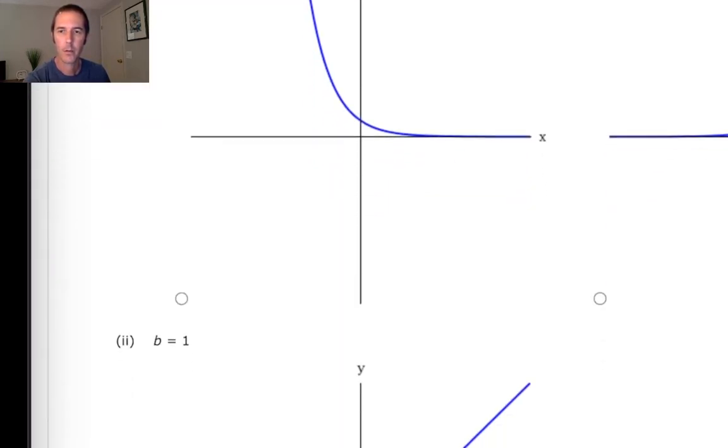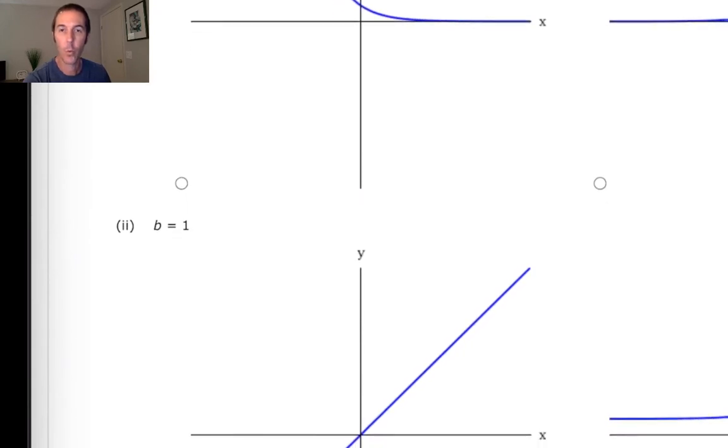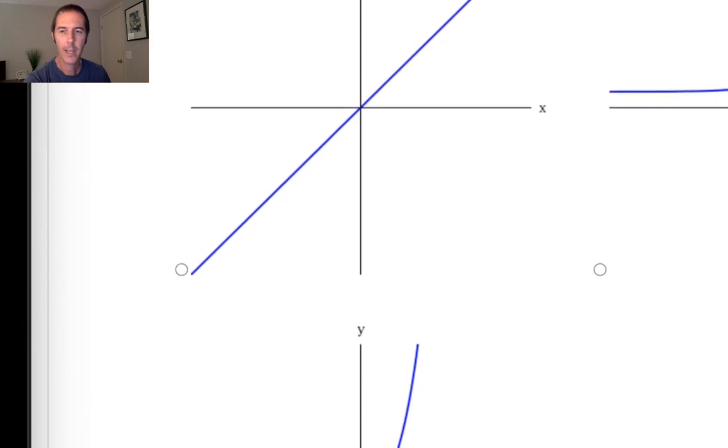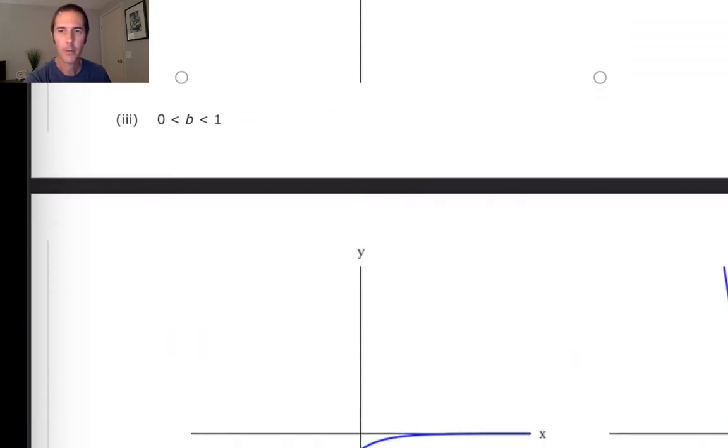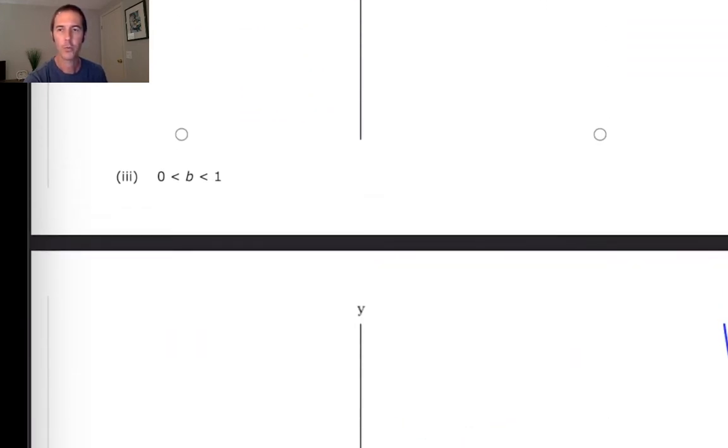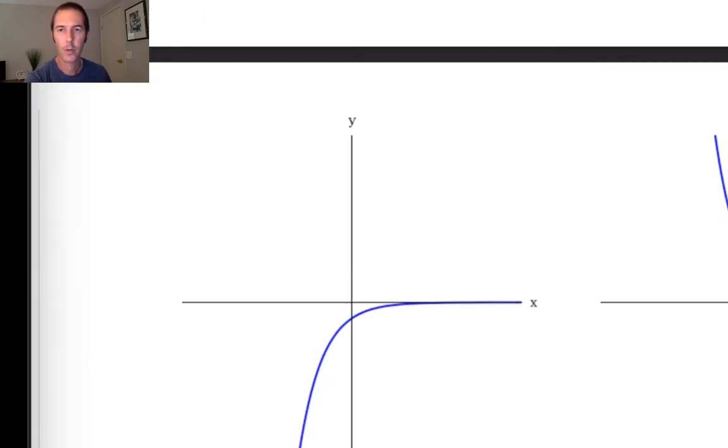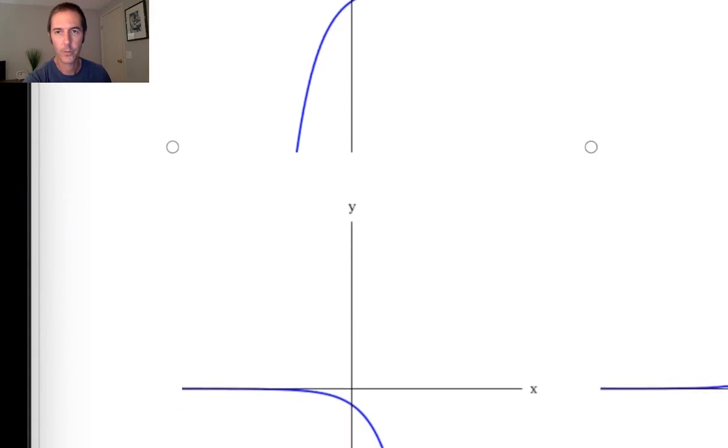And we have another question where b is equal to 1. That was the orange graph that I pointed out. And if your b value is between 0 and 1, so we're still working with non-negative bases, on that previous graph from the ebook, it did have examples of graphs where the b value was fractional, or between 0 and 1.